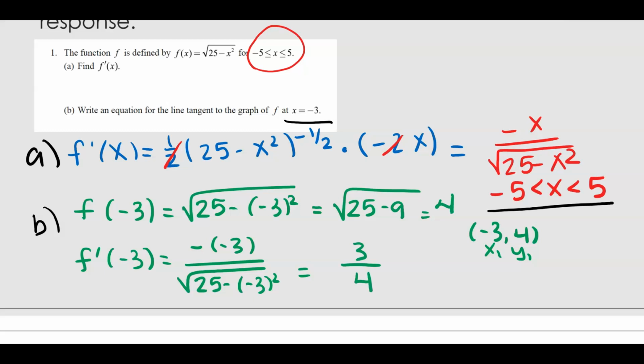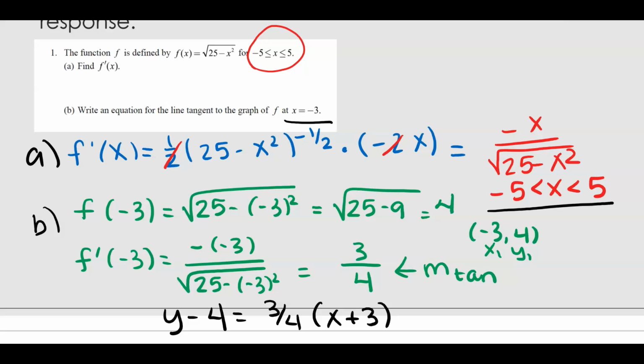So that 3/4 represents the slope of the tangent line. So in order to get my final answer, it's y minus 4 equals 3/4 times x minus negative 3, so you get x plus 3. So your final answer is y minus 4 equals 3/4 (x plus 3).